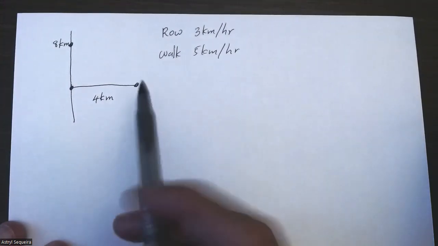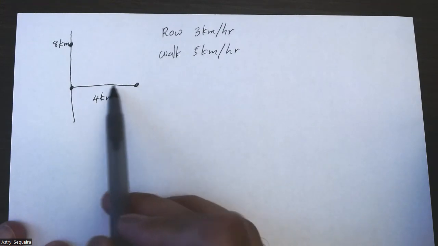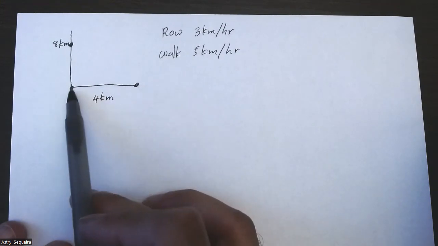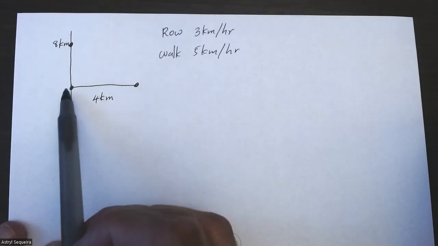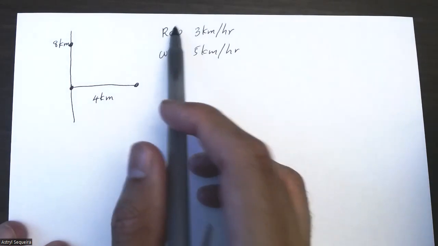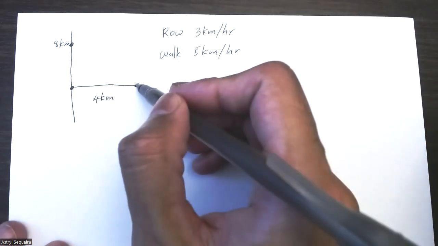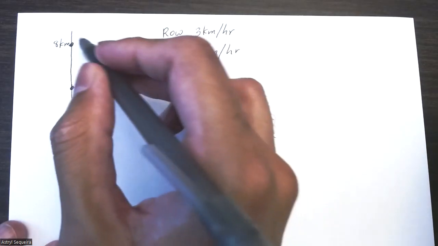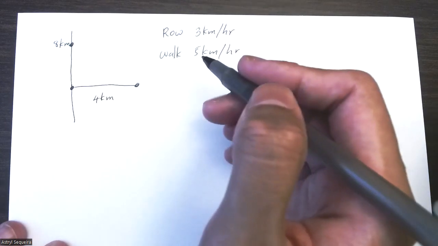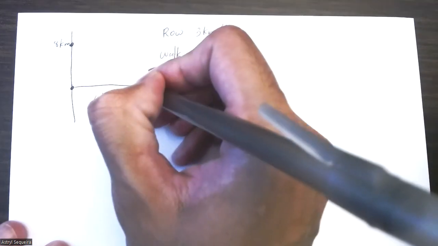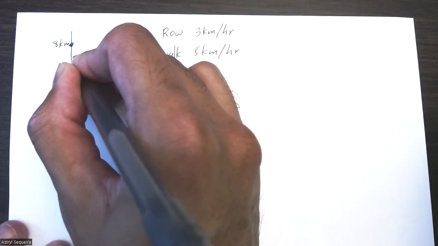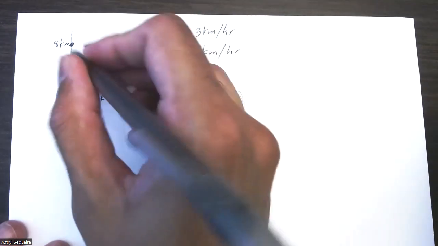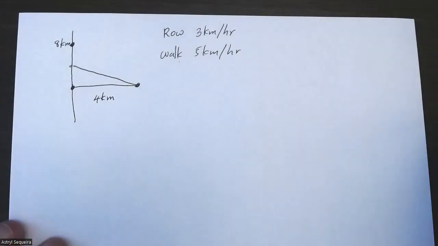So if he goes straight over here and rows all the 4 kilometers and then walks all the 8 kilometers, it's not going to be the most efficient. And if his row speed and walk speed were the same, he would just row straight there because that's the shortest distance. So very likely the ideal situation is he rows at an angle like this, hits the shore somewhere here, and then he walks the rest of the way.